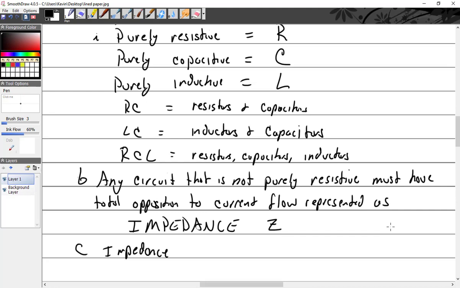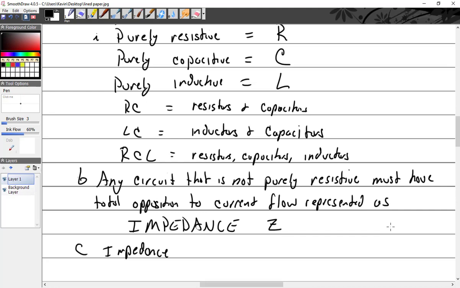Now, in an AC circuit like this, we can still have E total, I total, and we can still have R total, but in this case, when I say R total, it's only the sum of the resistors. And so what about the inductors, which is inductive reactance expressed as ohms?